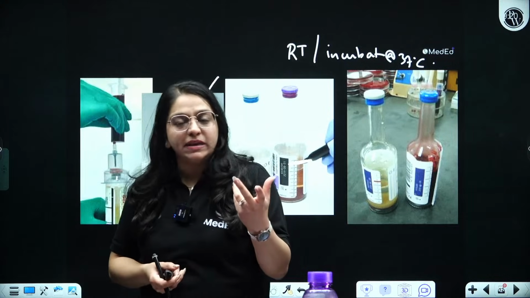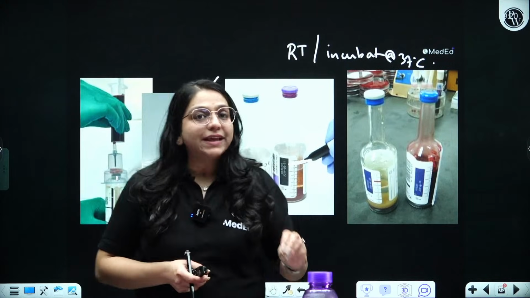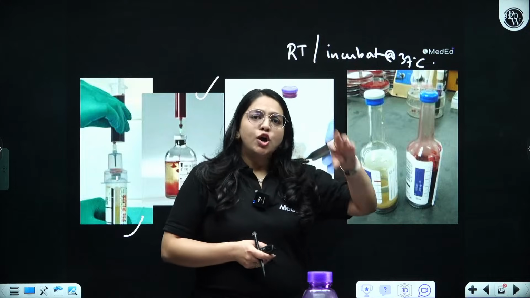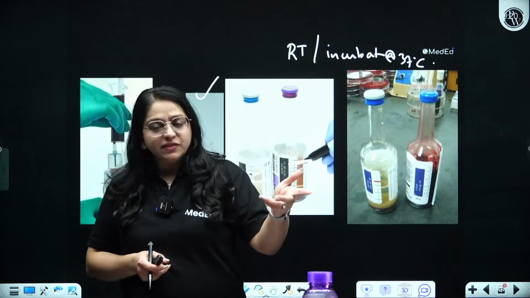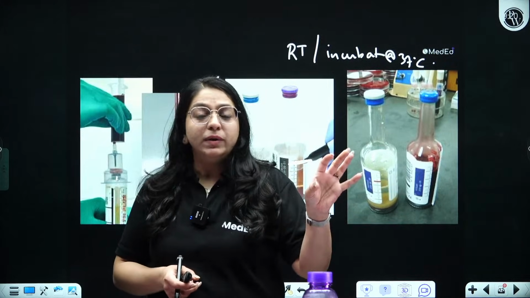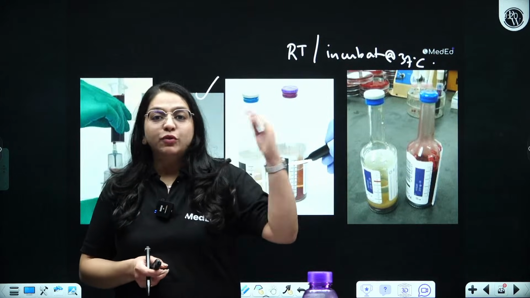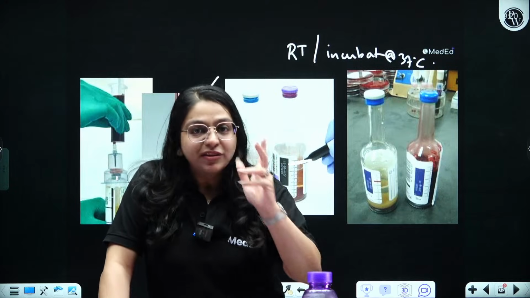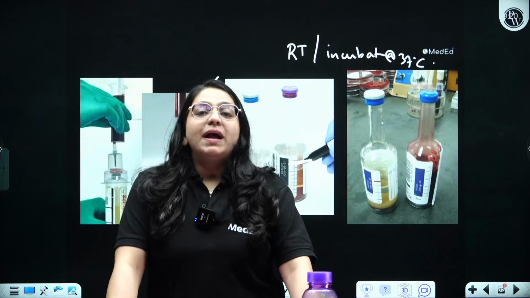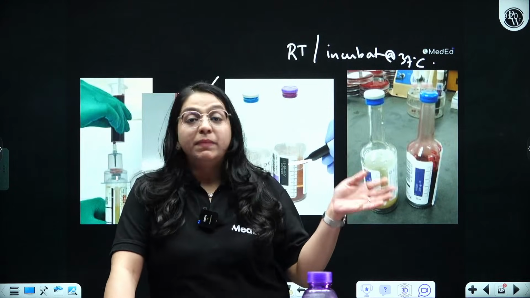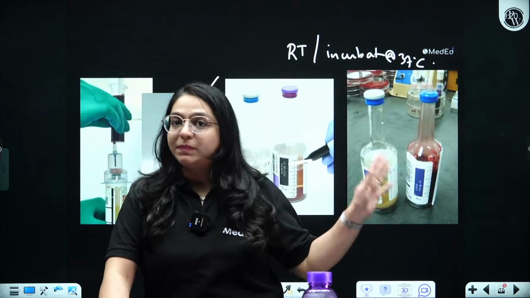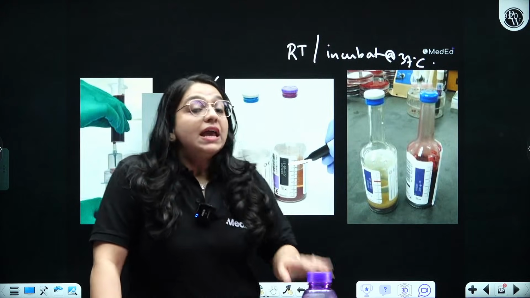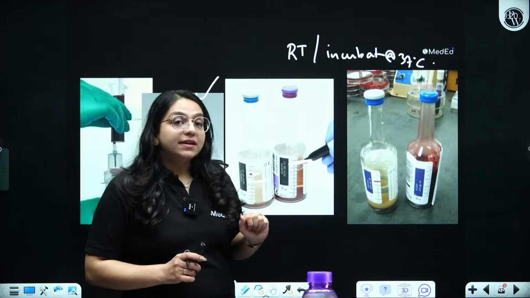So the time you're leaving the bottle at room temperature, or in the ward itself, if you have the facility, you're putting it inside an incubator, you have only started the process which the lab is going to do. Incubation has started because the broth is already inside. So whatever little bacteria is there, it will start growing. But if you put it in the refrigerator, you have simply wasted the patient's blood. Okay. This is for aerobic bacterial cultures.